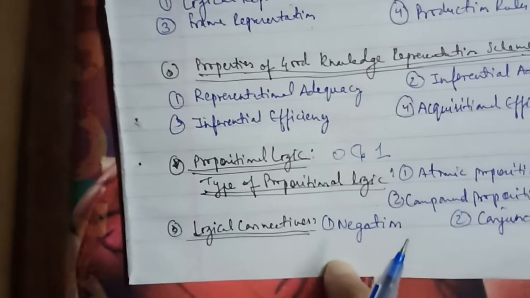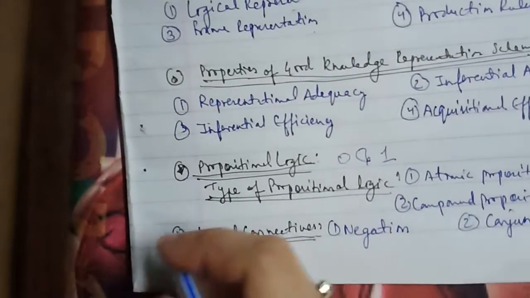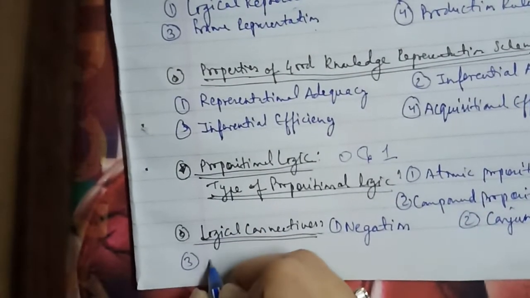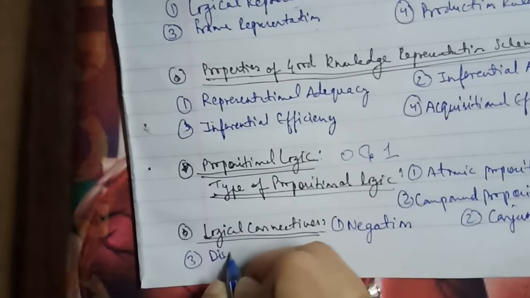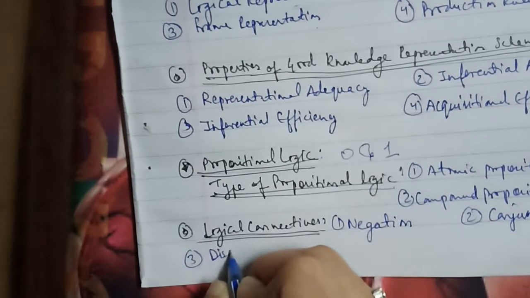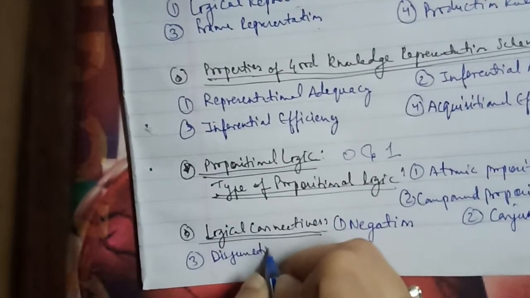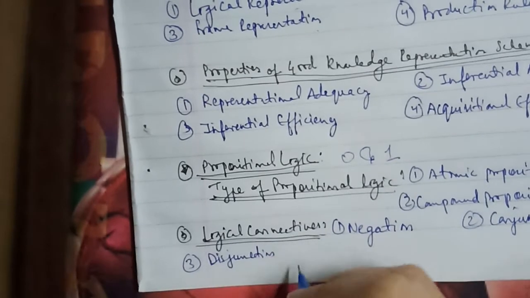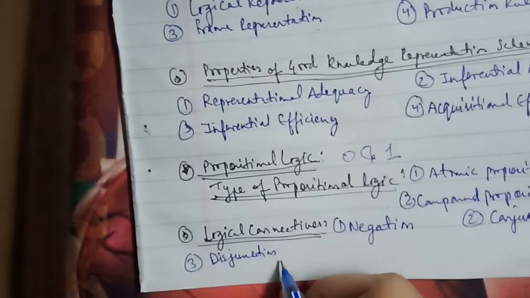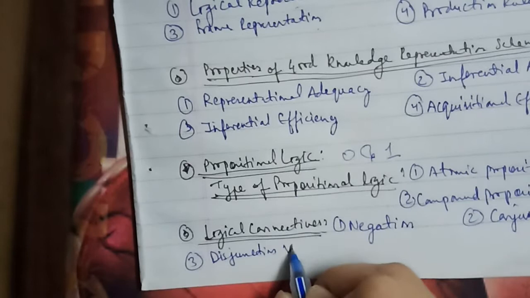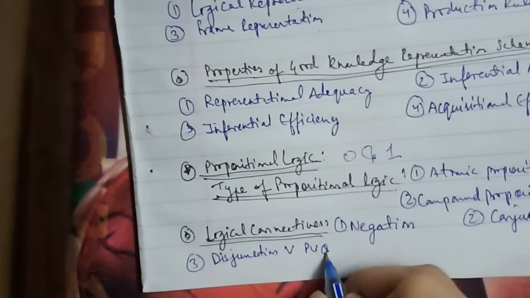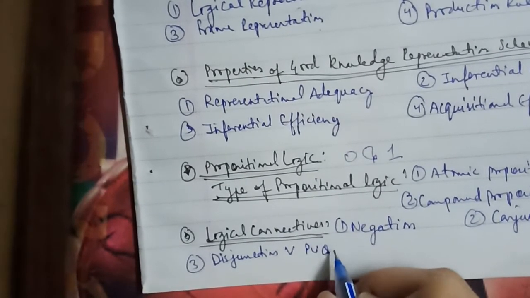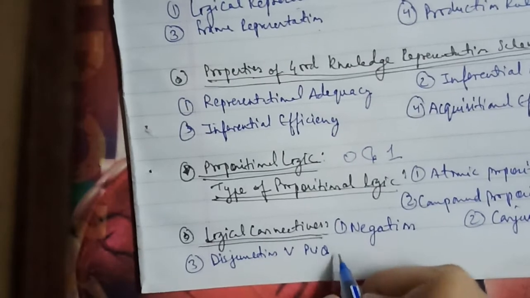The next we have is disjunction. In disjunction, a sentence which has this connective, P or Q, is called a disjunction, where P and Q are the propositions here.